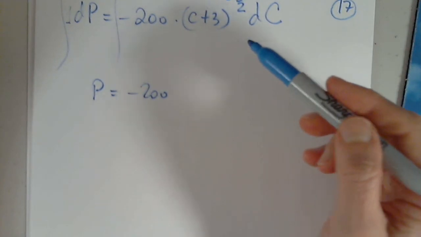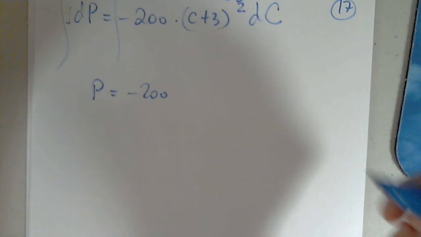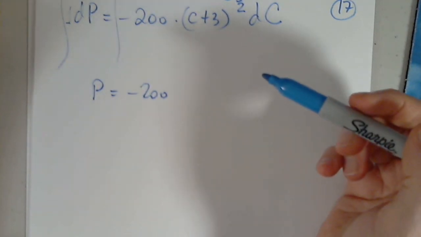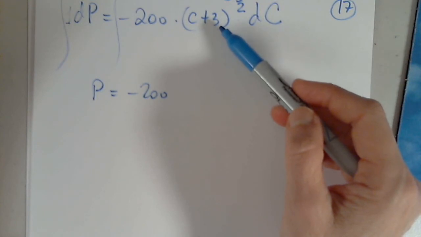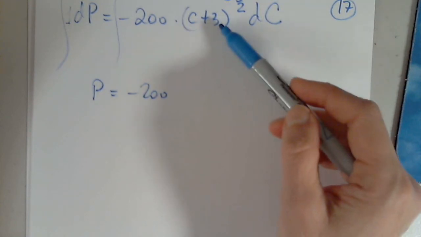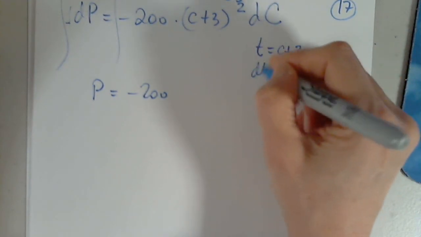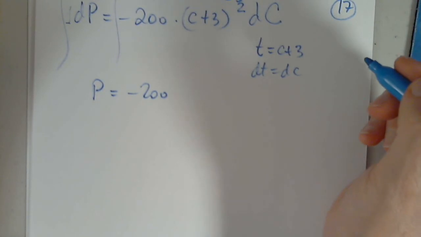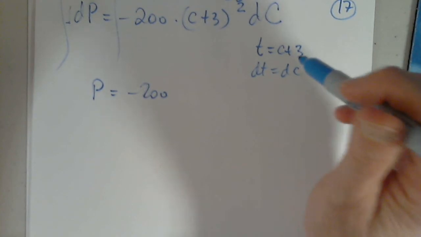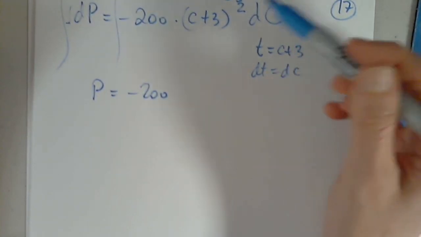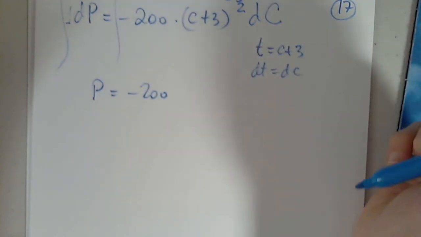Now, C plus 3, I don't really need to change the variable here, because number one, it's an indefinite integral, and number two, if I change the variable, let's say into t, C plus 3, dt is still dC, and I don't have limits of integration. So in this particular case, because dt equals dC, it's fine. Otherwise, if I had a 2 in here, 2C plus 3, then I would have used the change of variable.